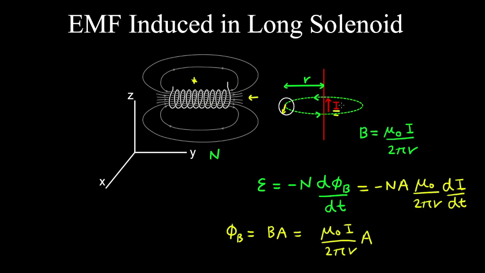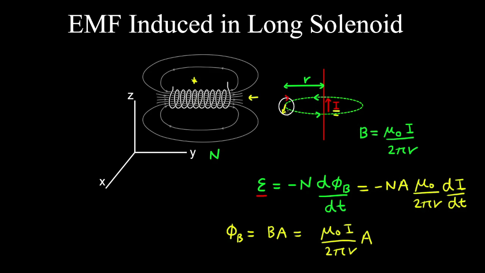So if we suppose this current is not steady, so for example it's increasing with time, that's going to result in a magnetic flux out of the screen that's increasing. So therefore the EMF produced in this solenoid by the right hand rule is going to result in a magnetic field that points into the screen to oppose that change in magnetic flux.